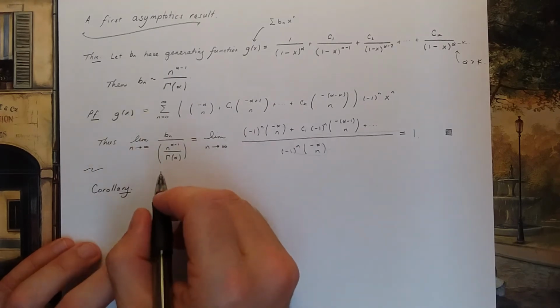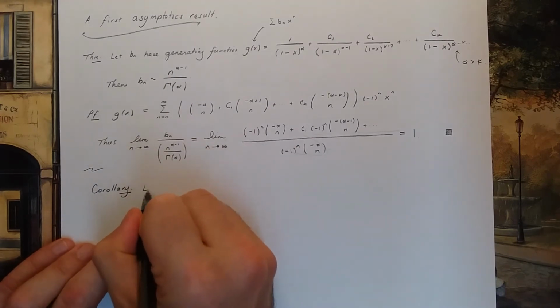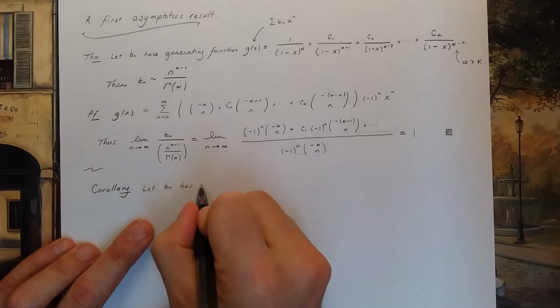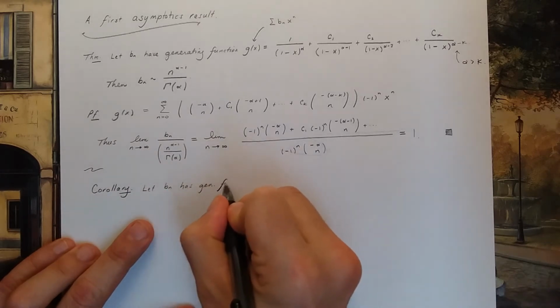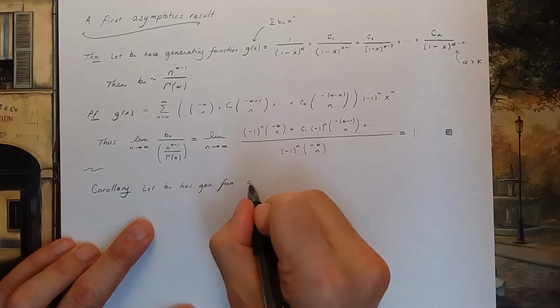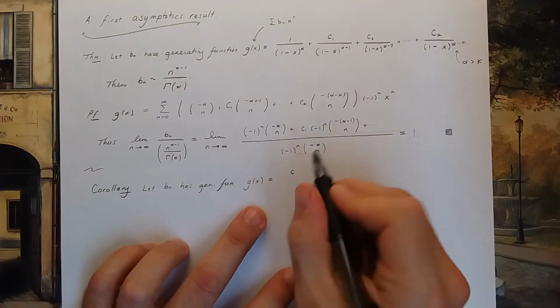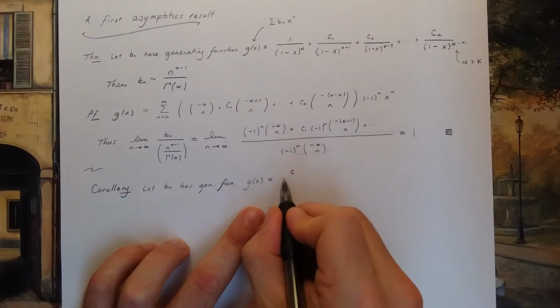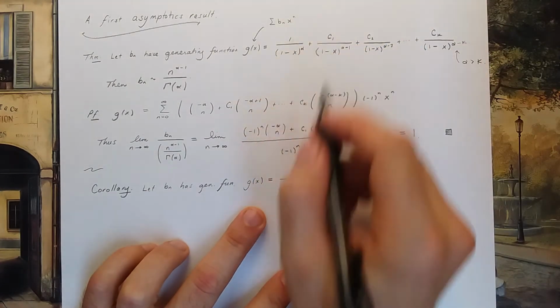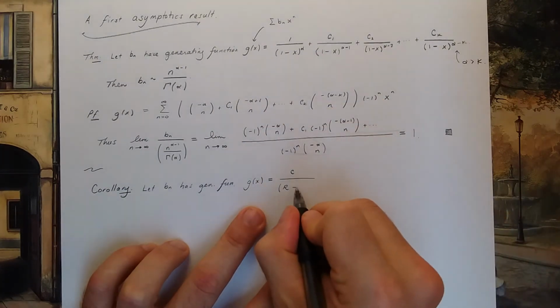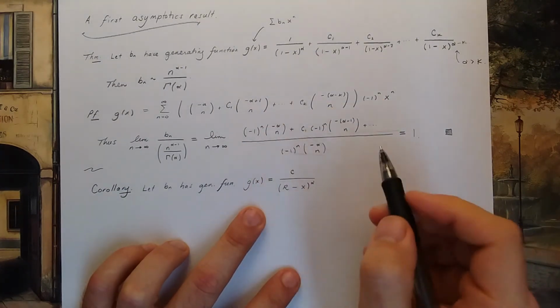Now suppose b_n has generating function g(x) of the form where I could have a constant c here other than 1, and furthermore, I could change this 1 here to an r.